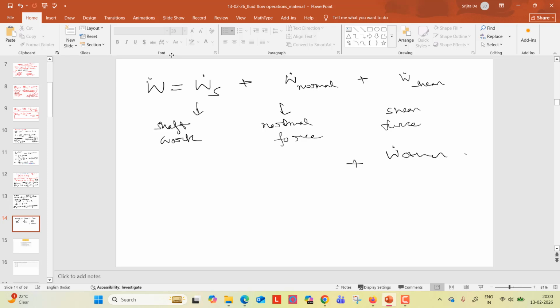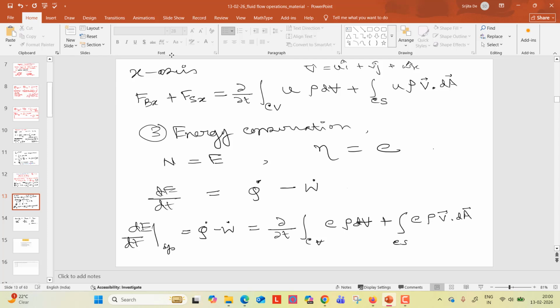Okay, so this is the energy conservation equation. We will not go into the details of the equation.